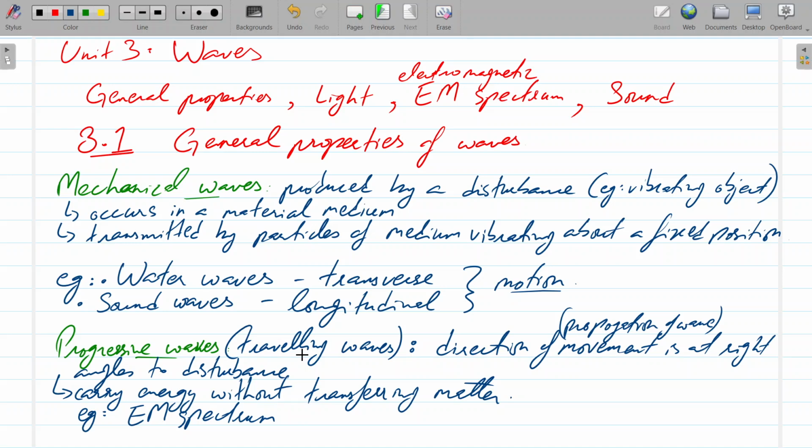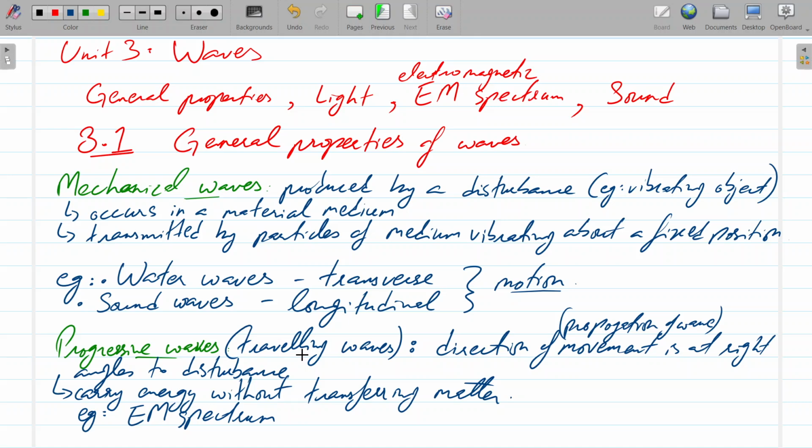What is meant by electromagnetic spectrum? We'll talk about that, as we obviously have an entire topic about that. It is a certain set of waves with certain properties within that spectrum. So you've got X-ray and UV and IR and light, and then radio waves that come later on.